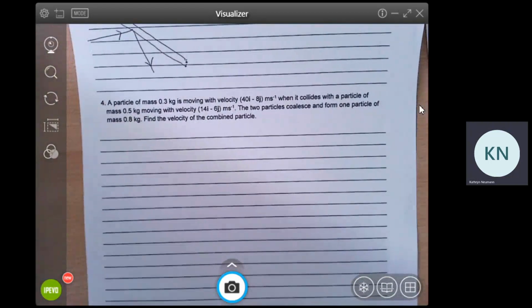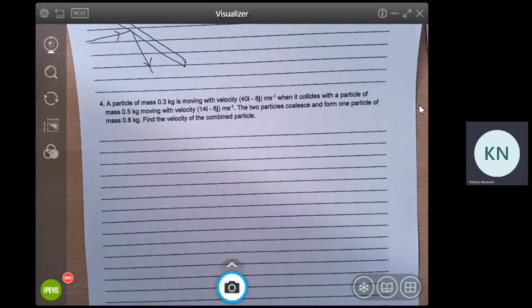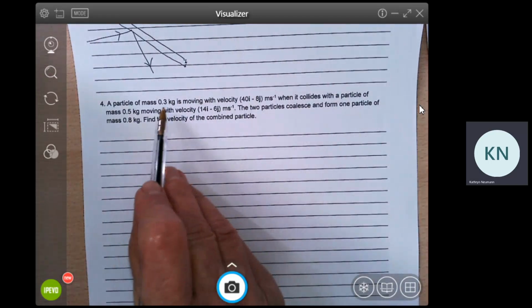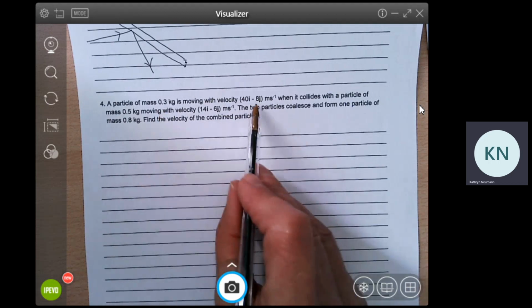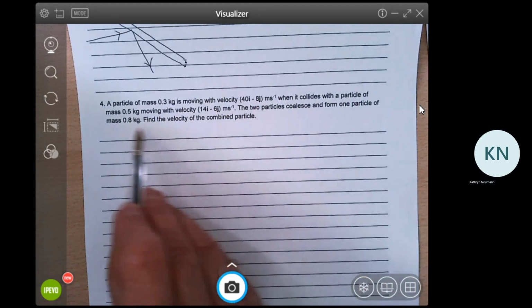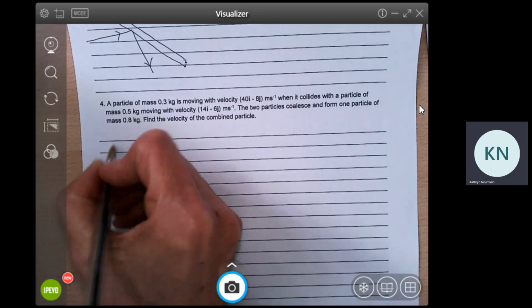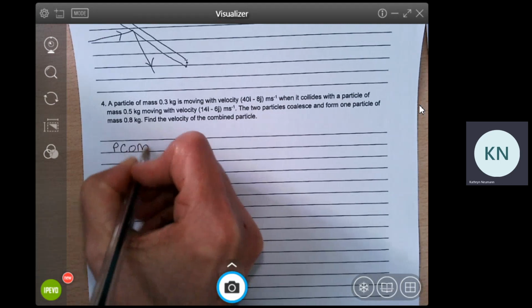Final question. This uses the principles of conservation of momentum. So we've got a particle with a mass of 0.3, moving with that velocity. It collides with another particle. Find the velocity of the combined particle. So we use the principle of conservation of momentum.